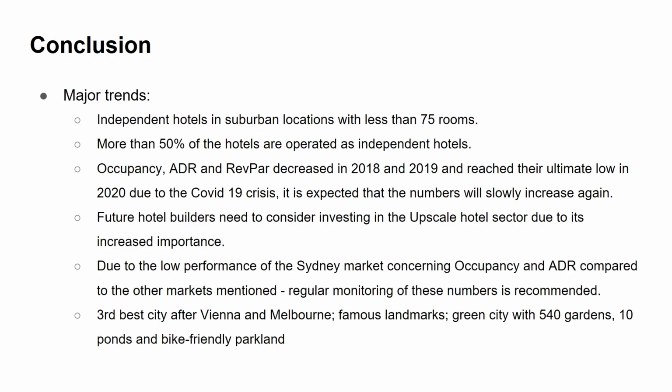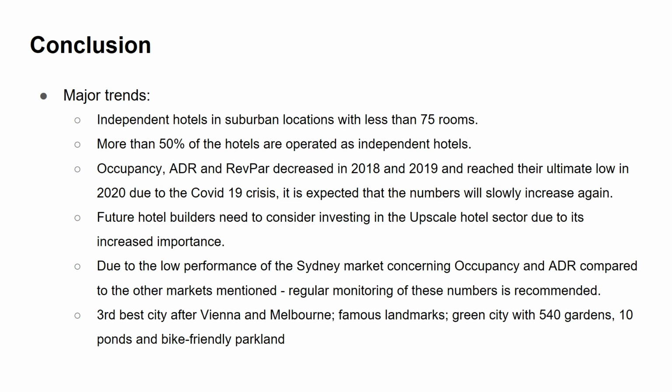Okay, so now I would like to conclude the whole presentation. First of all, we discovered that independent hotels in suburban locations with less than 75 rooms have the biggest part in the Sydney hotel market. And this is also shown in the next factor, because 50% of the hotels that are operated in Sydney are operated as independent hotels.